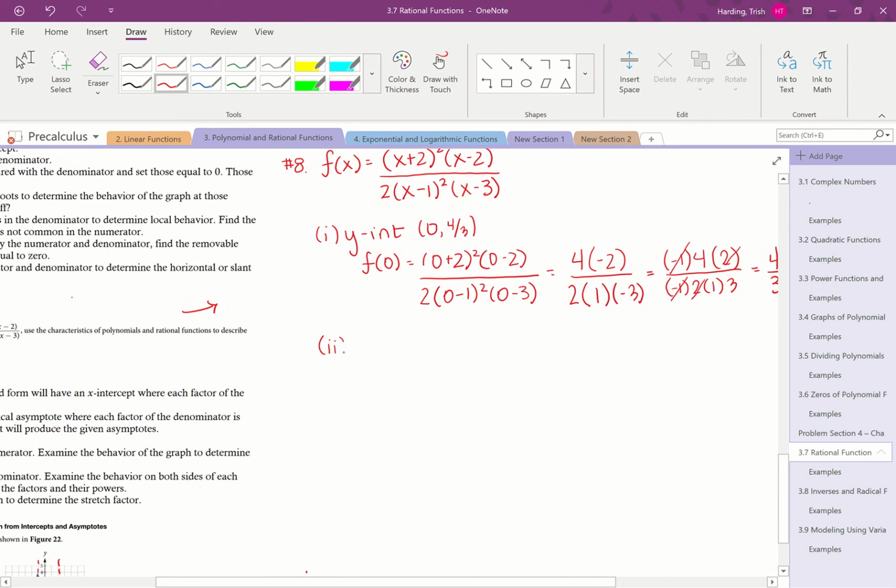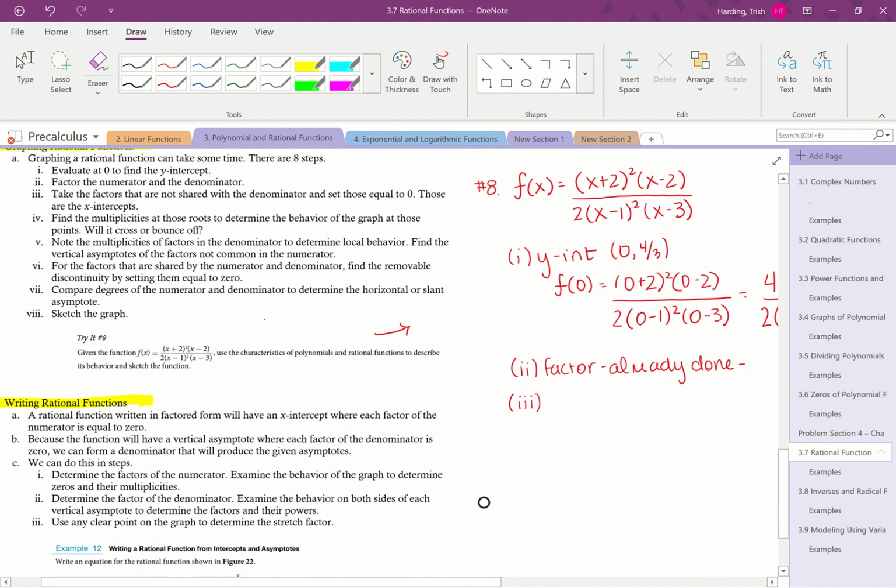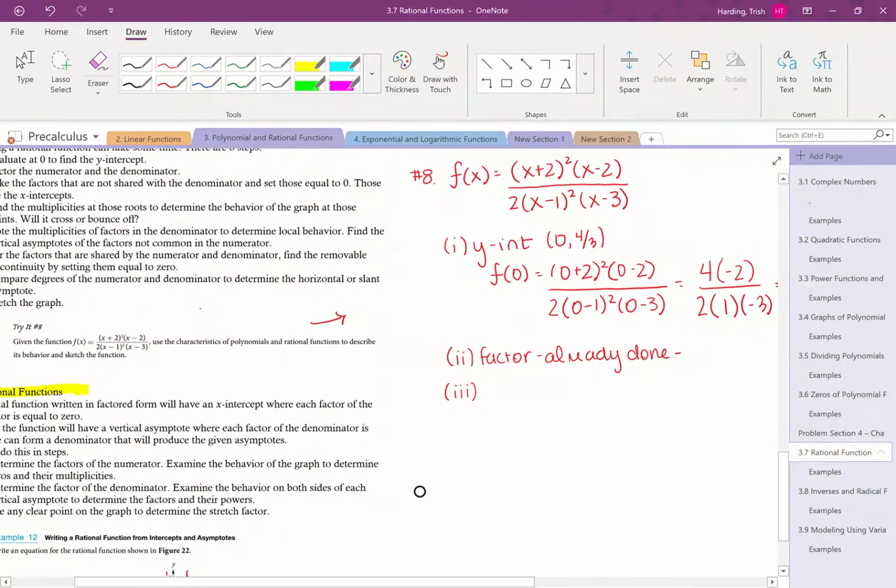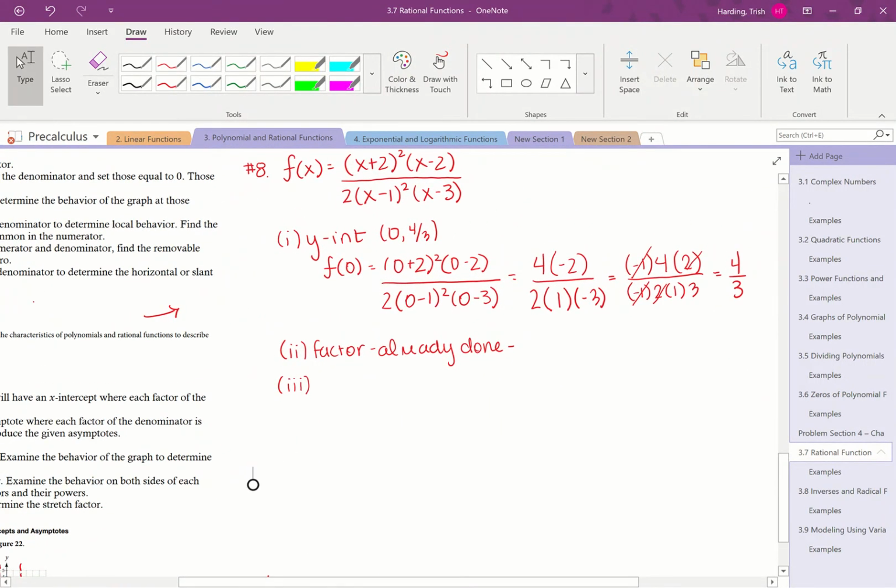Now the second thing I need to do is factor it, but notice this has already been done. So our third one is we need to find the x-intercepts, and we're going to look at whatever factors are not shared with the denominator, and take those. Notice that we have x minus 1 and x minus 3 in the denominator.